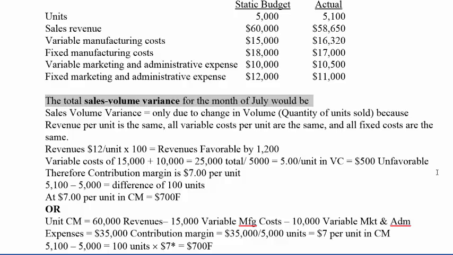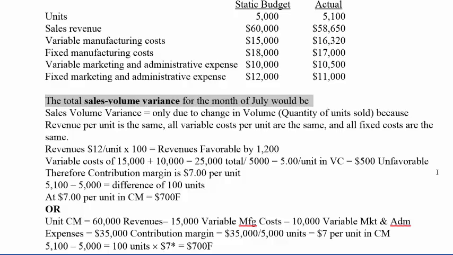All right, so what is the sales volume variance? It is only due to the change in volume or quantity of units sold. Our master static budget expected X number of units, where our flexible budget column has the actual quantity of units.